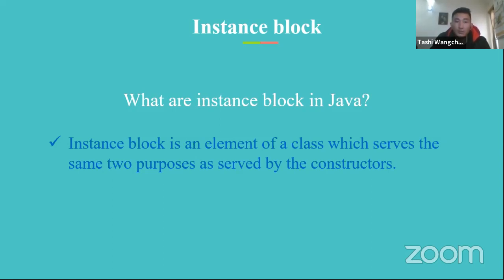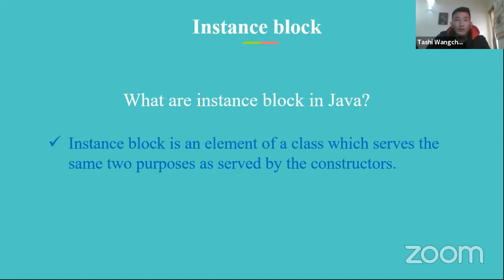There are two types of constructor: default constructor and user-defined constructors. There are two purposes. Number one is to write logic, and those logics are executed during object creation. The second purpose is that most programmers use the constructor mainly for initialization of the instance variables during object creation. Those are the points you have to remember when it comes to constructors.